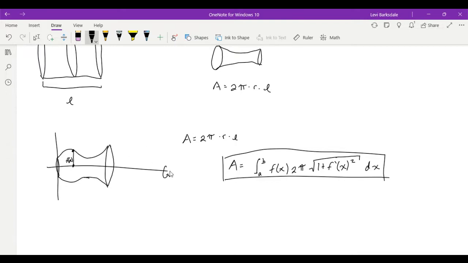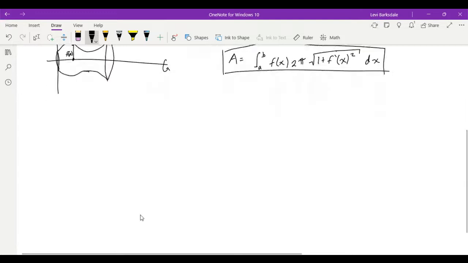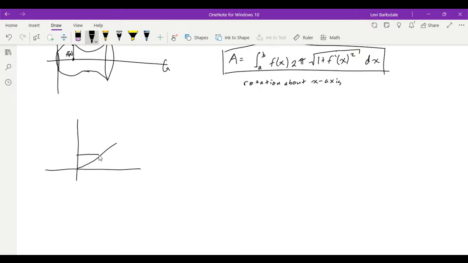This is for rotation about the x-axis. If instead we were doing rotation about the y-axis, here I'll make a note, if we're going about the y-axis, the only thing that changes is that our radius is simply this distance here, which is just x.